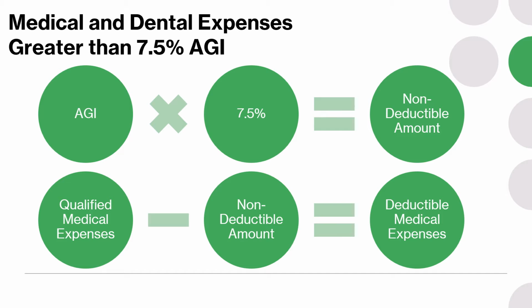That is our non-deductible amount of medical and dental expenses. So then we look at what qualified medical expenses our taxpayer had in total, and then we subtract the non-deductible amount, and if they have any left, then they will have some deductible medical expenses that we can report on Schedule A.